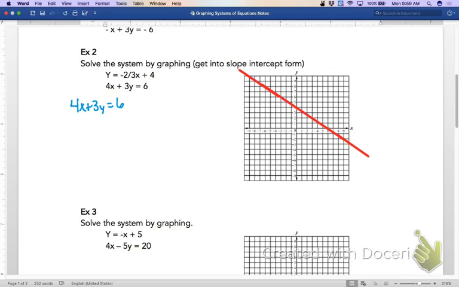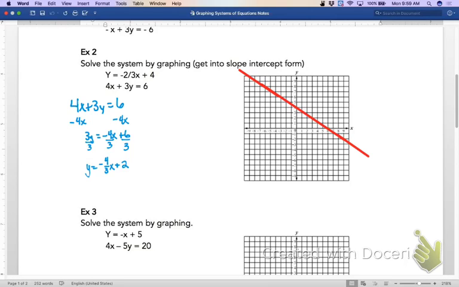What do I need to do to get it to y equals mx plus b? Subtract 4x. So I have 3y equals negative 4x plus 6. Now what? Divide by 3. So I'm going to have y equals negative 4/3 x plus 2.